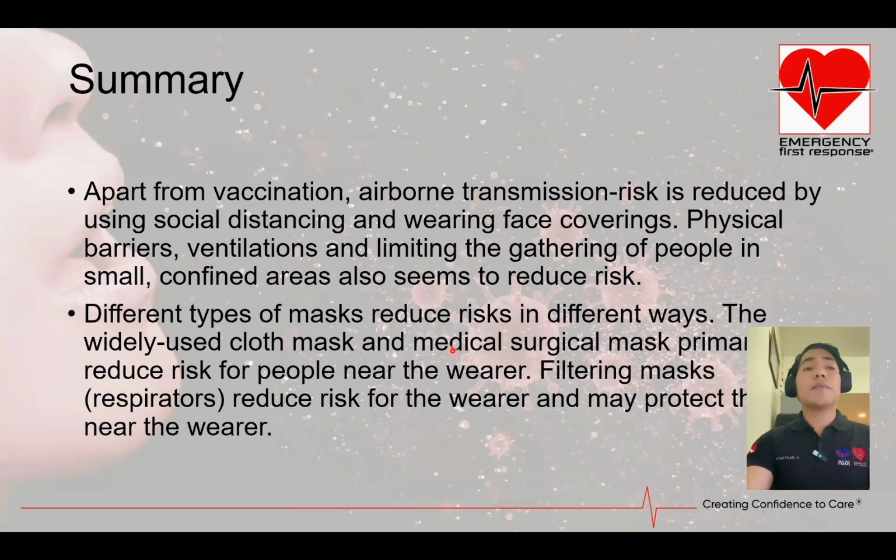Next, different types of masks reduce the risk in different ways. The widely used cloth masks and medical surgical masks primarily reduce the risk for people near the wearer. Filtering masks or respirators reduce the risk for the wearer and may protect those near the wearer.